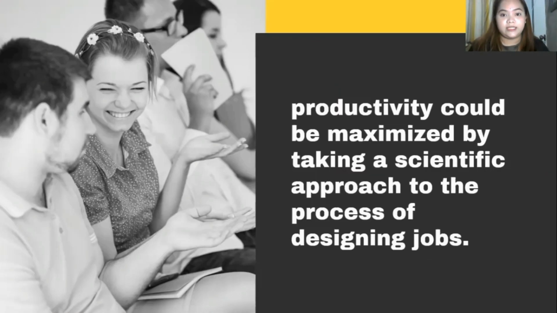According to scientific management, productivity could be maximized by taking a scientific approach to the process of designing a job. So in short, the mechanistic approach is all about increasing the output of the employees by finding the simplest way to perform their job. So that is the mechanistic approach.